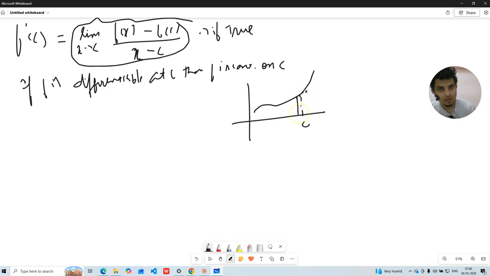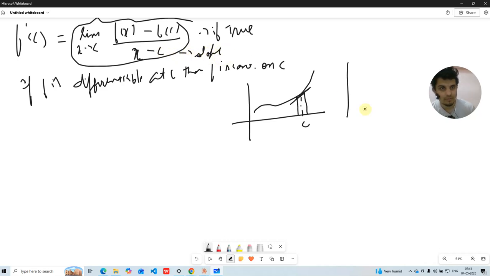So this is continuous, and hence the limit of f(x) minus f(c) over x minus c exists, that's why this is differentiable. I can find a slope at this point. This is the slope, f(x) minus f(c) upon x minus c.